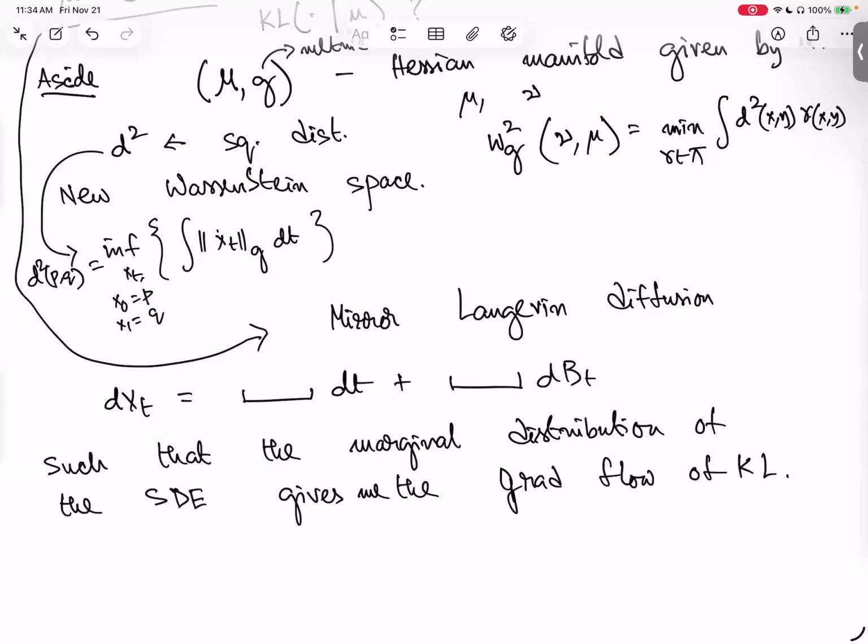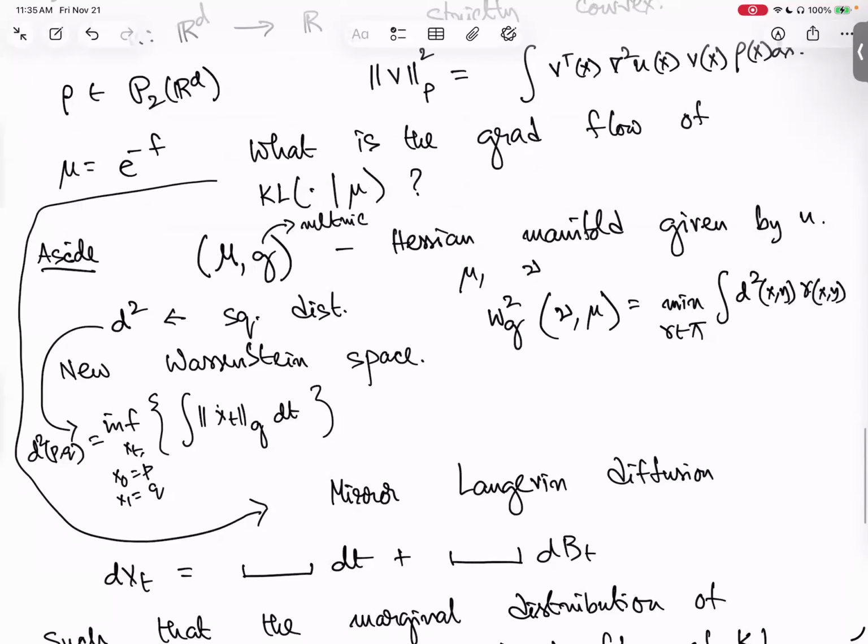When U of x is equal to 1/2 norm squared, all these fancy manifold things simply boil down to Euclidean geometry. There is no particular change in the curvature happening here. It's completely Euclidean geometry.